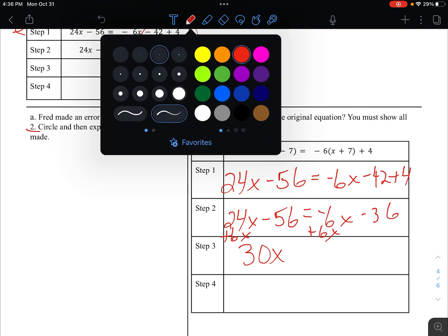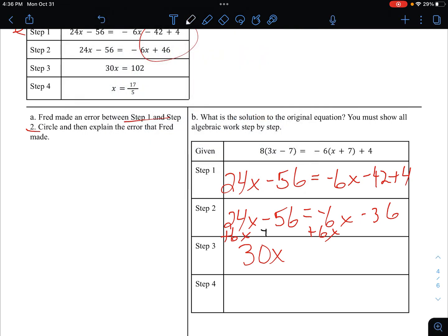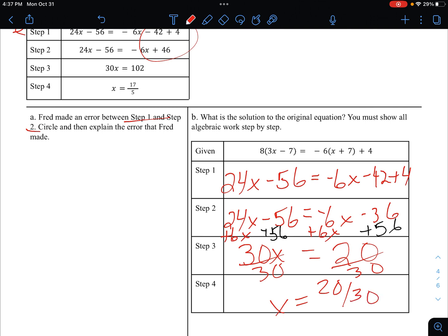Then we're going to add 56 to both sides. So we get negative 36 plus 56, which is positive 20. Then we divide by 30, divide by 30. So x is equal to 20 over 30, or 2/3.